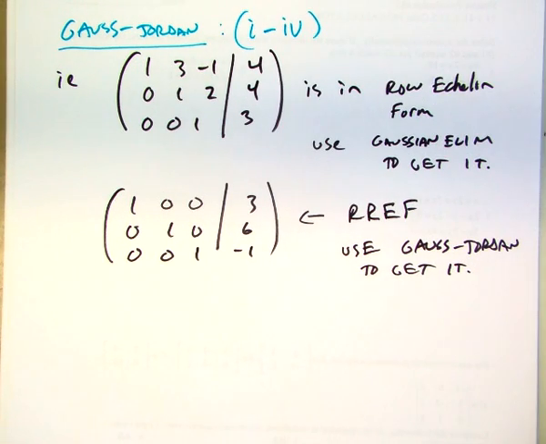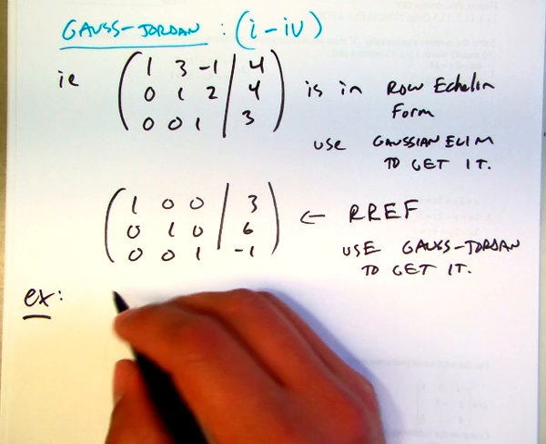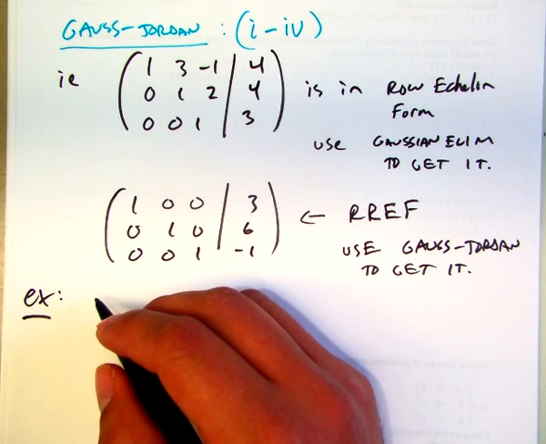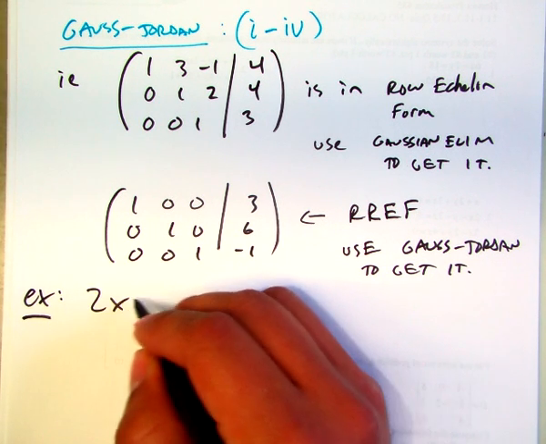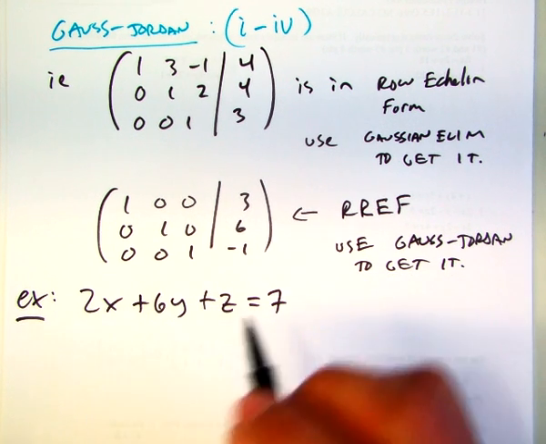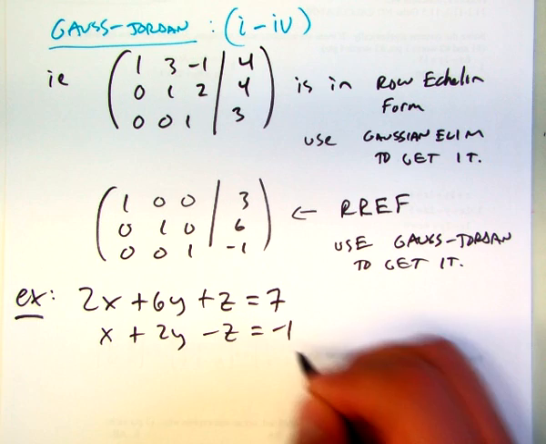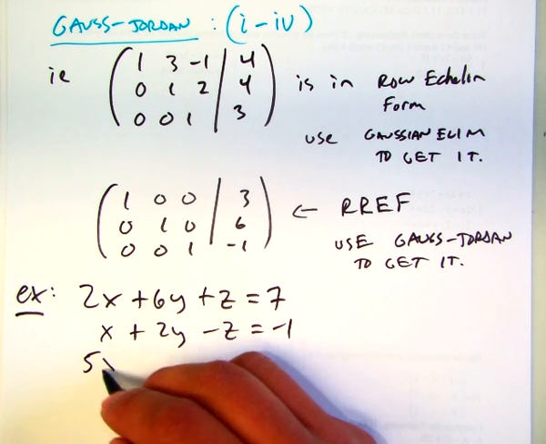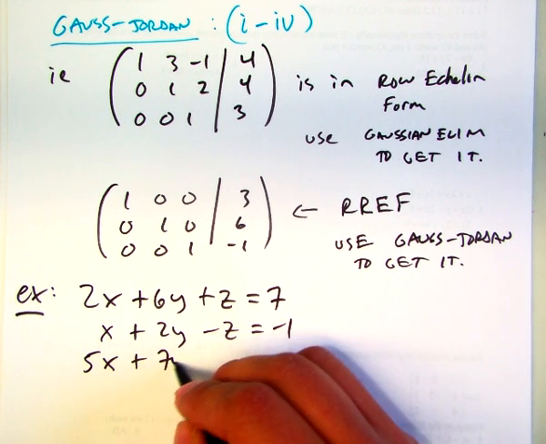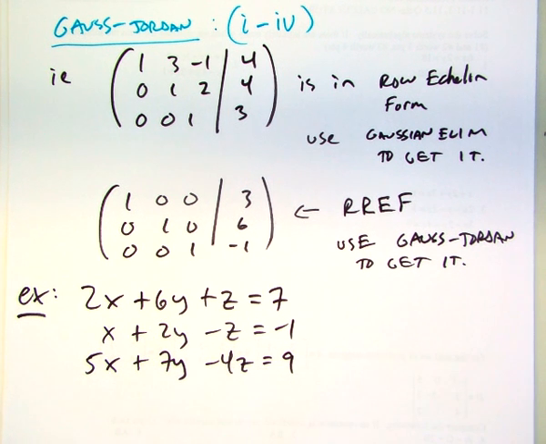Okay, so let's say we have the system 2x plus 6y plus z equals 7, x plus 2y minus z equals -1, 5x plus 7y minus 4z equals 9.